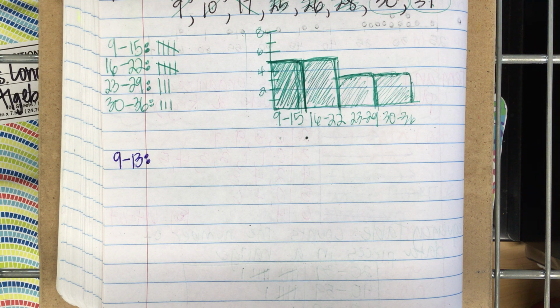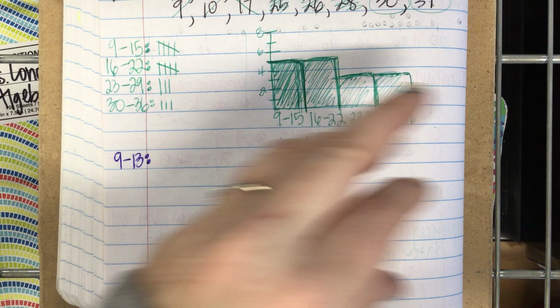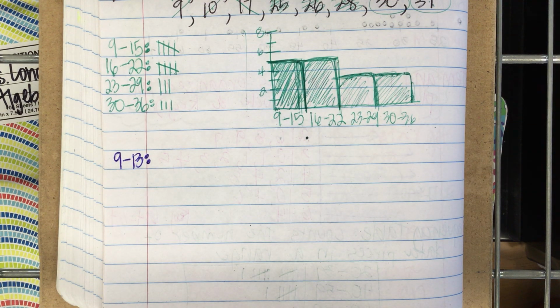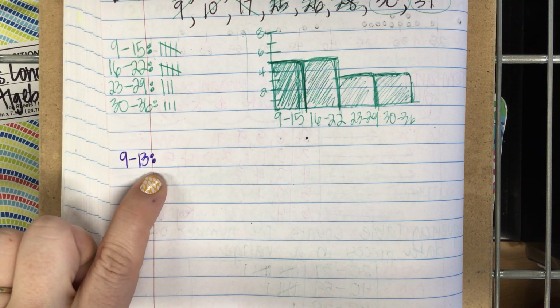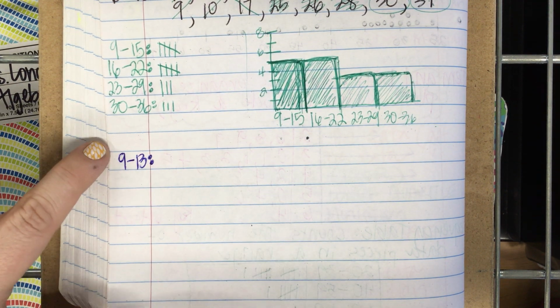So I want you to work with your peers, work at your table, create your frequency table, create your histogram, and talk about the difference, what happens, because all we're doing is shaving a few numbers off. How is that going to change it? That's your first bin width.